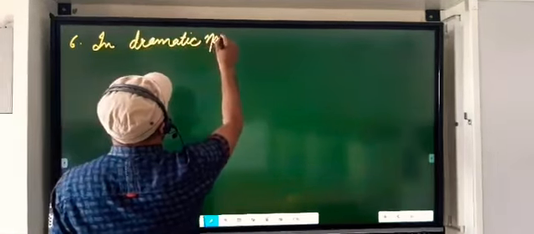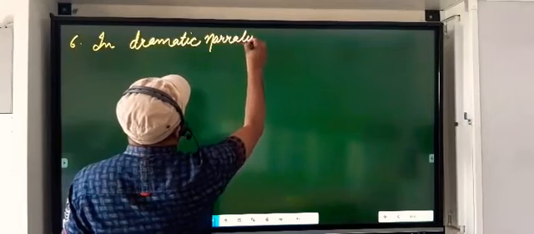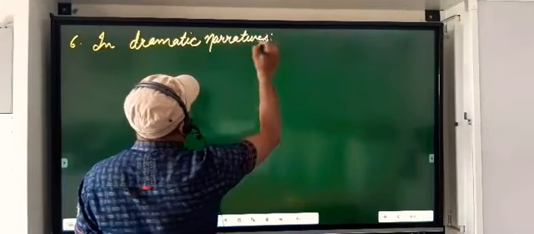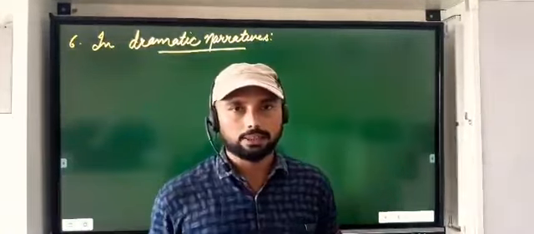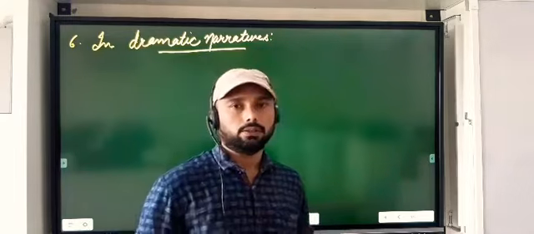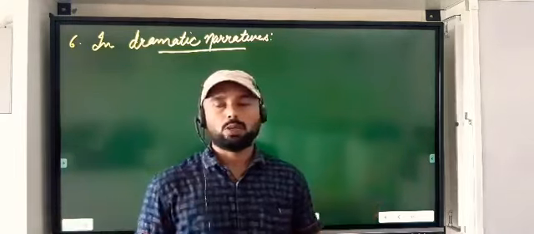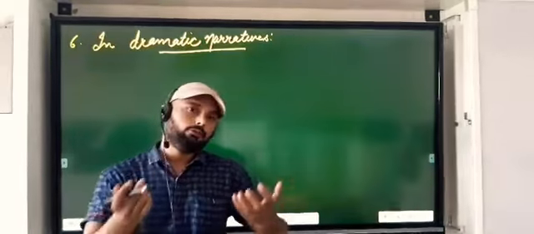Here dramatic narrative means when we describe the story of some movies, some serials, some plays to somebody. Suppose we have watched a movie and we came to school, and after coming to school we describe that story to our friends. So the whole description of that story will be in present indefinite tense.